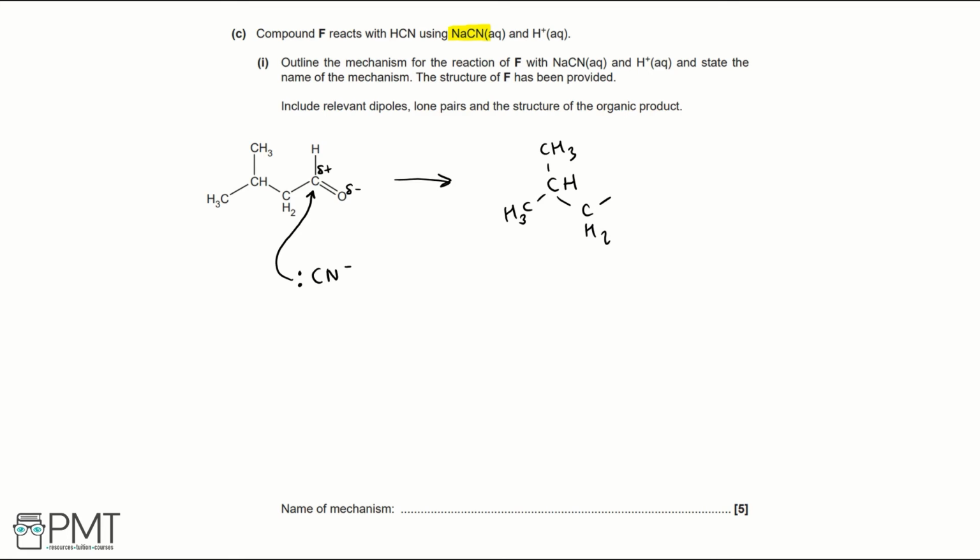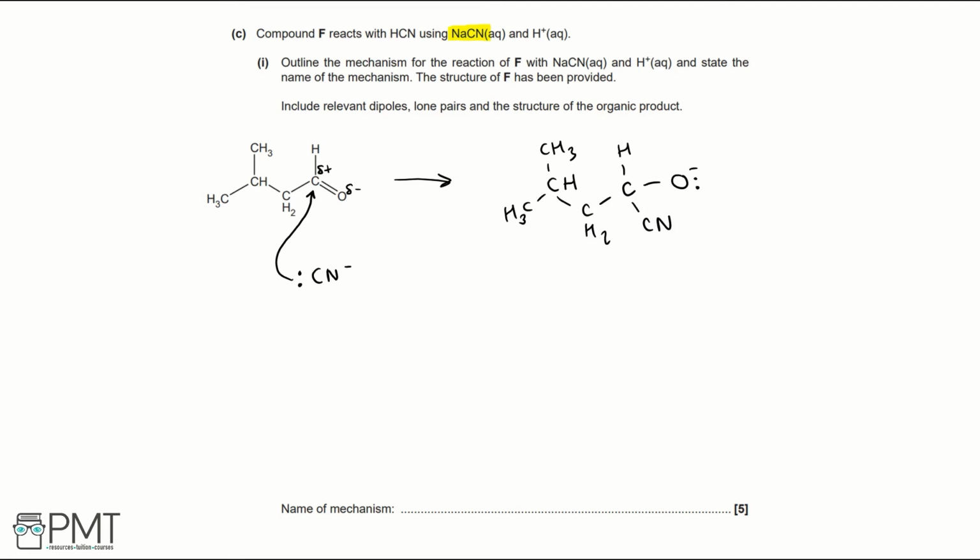So it's making sure that you've got this completely correct and the same. And then we have C and a hydrogen. We have a singly bonded oxygen now with a negative charge and lone pair. And we'll have our CN bonded to this carbon.